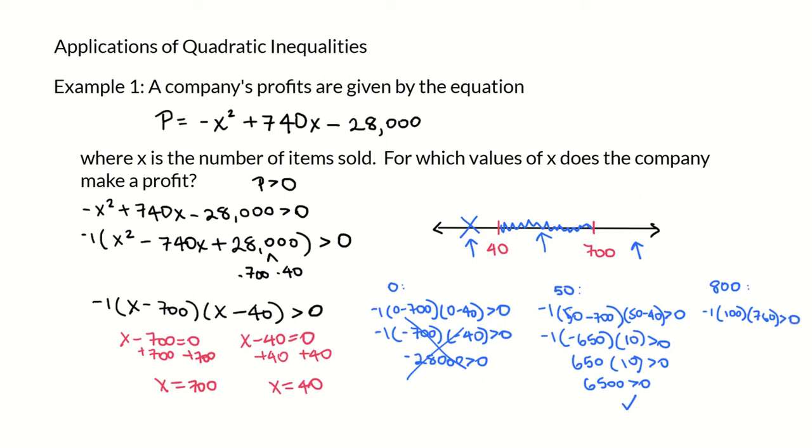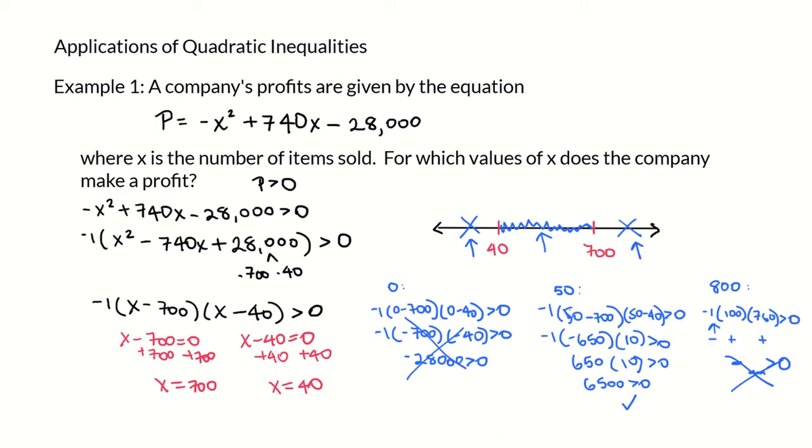Even from here, we can see we have a negative multiplied by a positive multiplied by a positive, so this result is going to be some large negative number, which is not greater than 0. So therefore, this area is not part of our solution set.